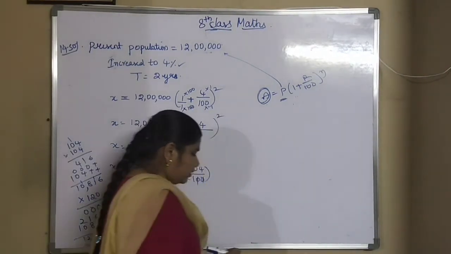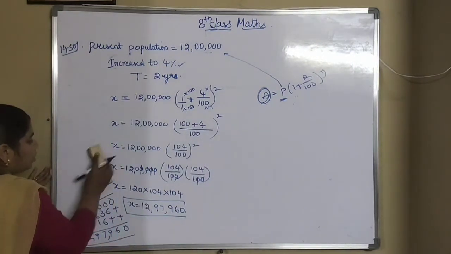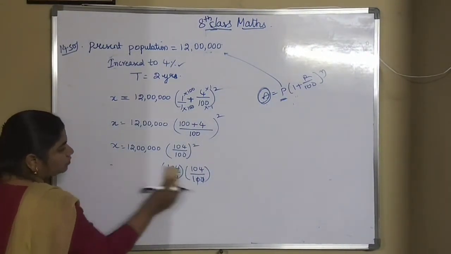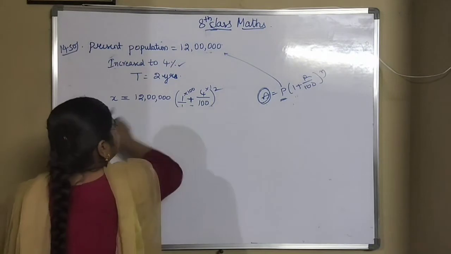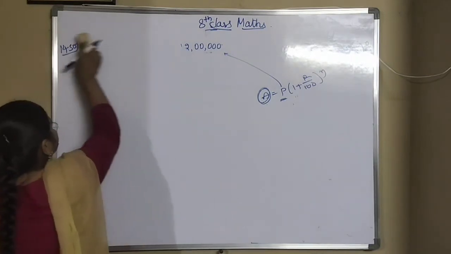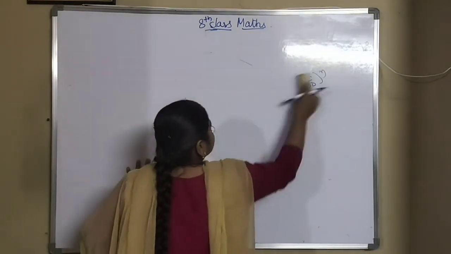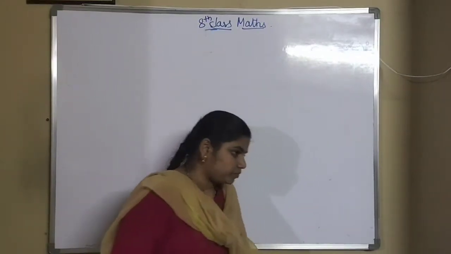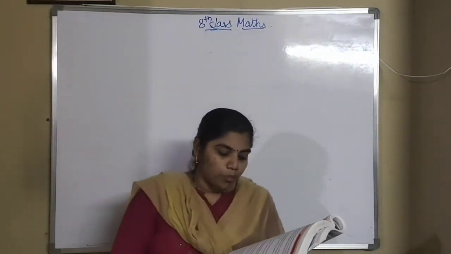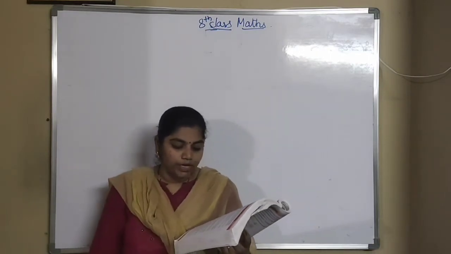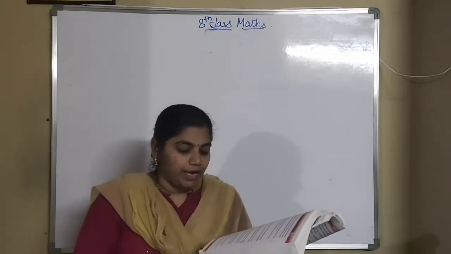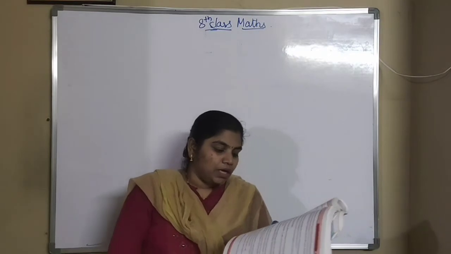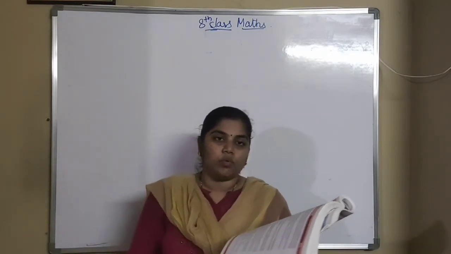Now the last one in this chapter. So what is the last one? Calculate compound interest on 10,000 over a period of 1 year at 10% per annum if interest is compounded quarterly.